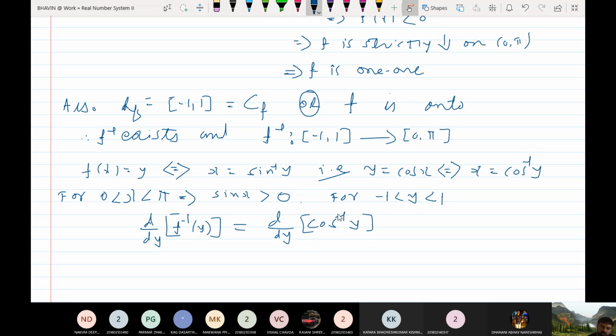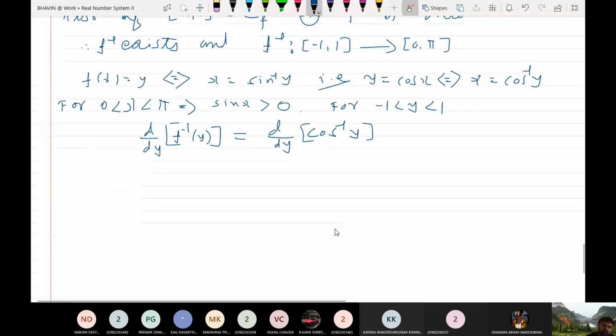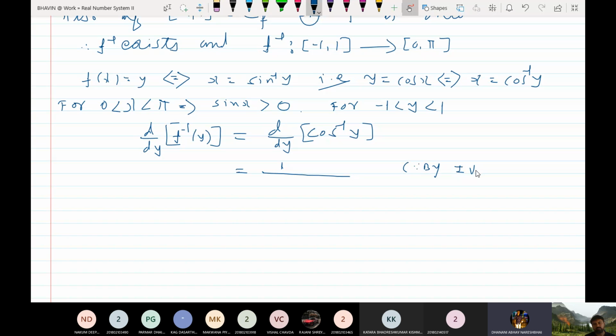This is just a name, you can also say g y. By inverse function theorem, what is the derivative of this? Abhay? Minus 1 upon square root of 1 minus x square.